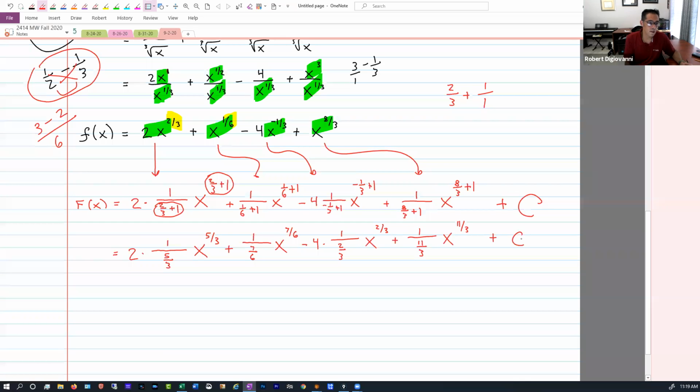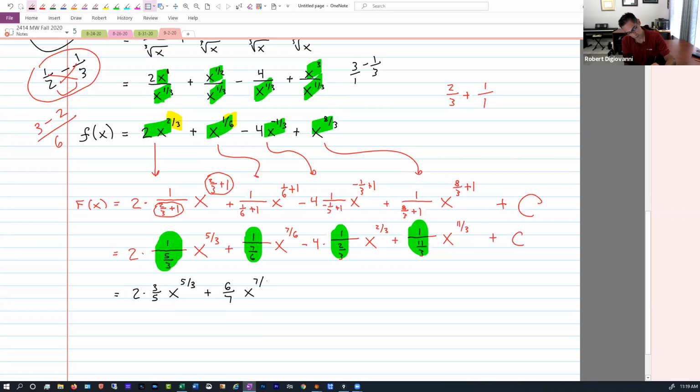And then there's still a little bit of cleaning up to do, right? I've got to take these, 1 over a fraction just flips the fraction. So all of those are just going to flip. So I get 2 times 3/5 x to the 5/3 plus 6 over 7 x to the 7 over 6 minus 4 times 3/2 x to the 2/3 plus 3 over 11 x to the 11/3 plus c.